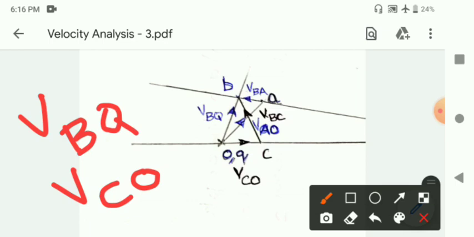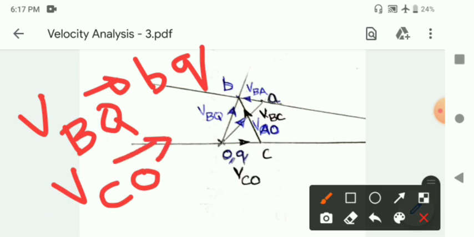To find velocity of B relative to Q, you need to measure the length of the line BQ in the velocity diagram. Similarly, to find the velocity of C relative to O, you have to measure the line OC or CO. And again, I am reminding you, when we started drawing the velocity diagram, the magnitude of velocity was multiplied with a scale factor of 10.